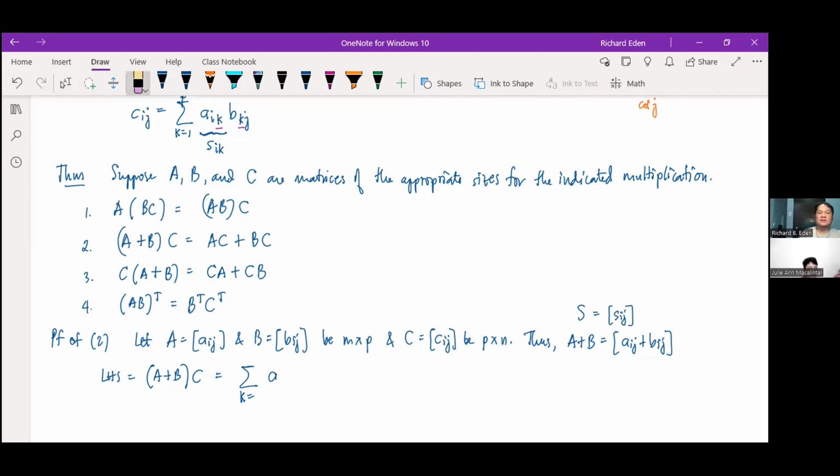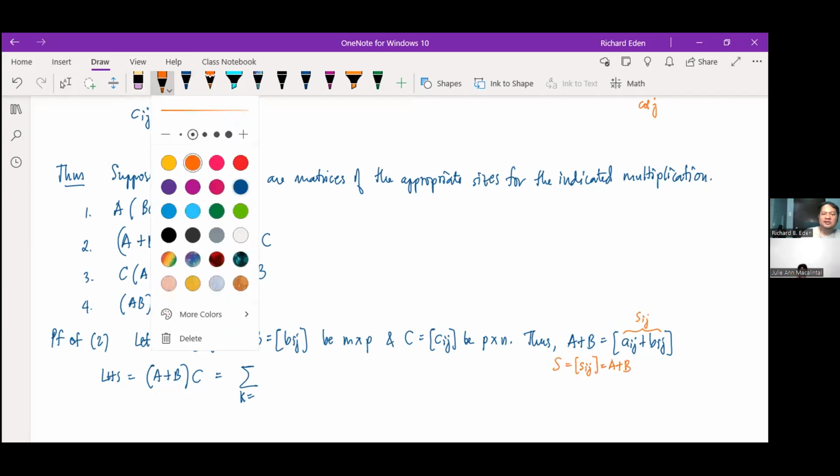Okay. So again, if S is equal to S sub ij, which is defined as A plus B, so A plus B is the sum.